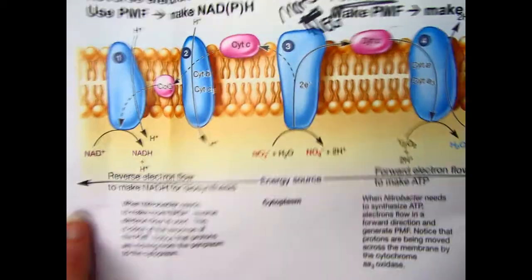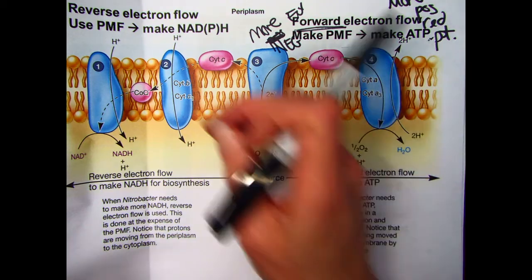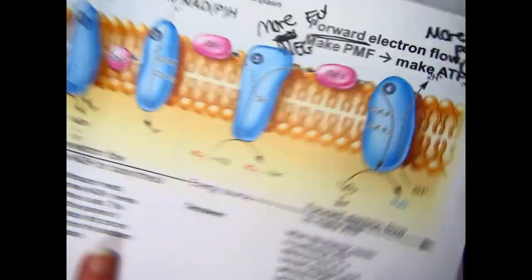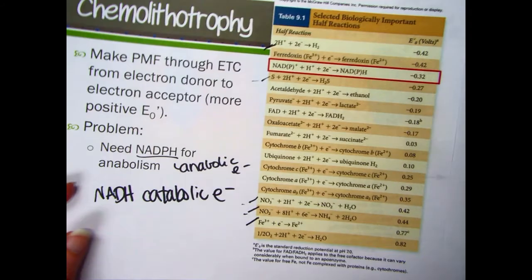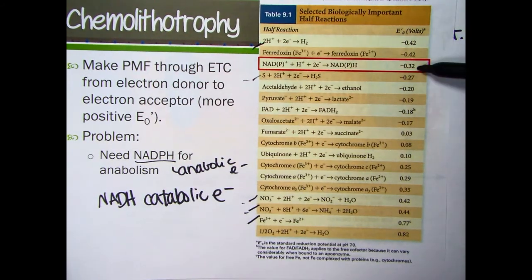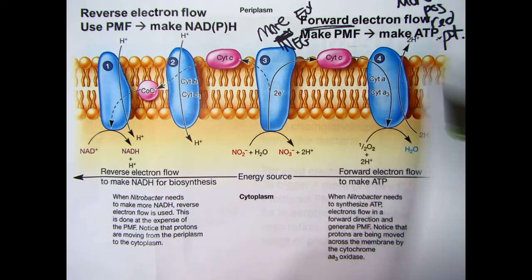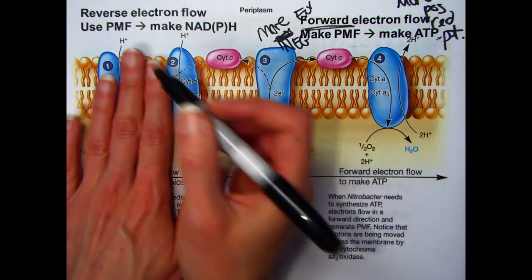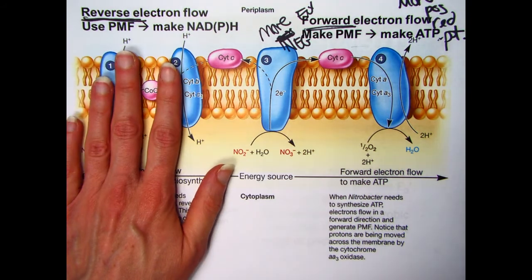But remember, the chemolithotrophs still need to be able to make some NADPH, which is here on this chart, and it has a more negative reduction potential than a lot of the things that might be electron donors. To make the NADPH, the cell does what is called reverse electron flow.